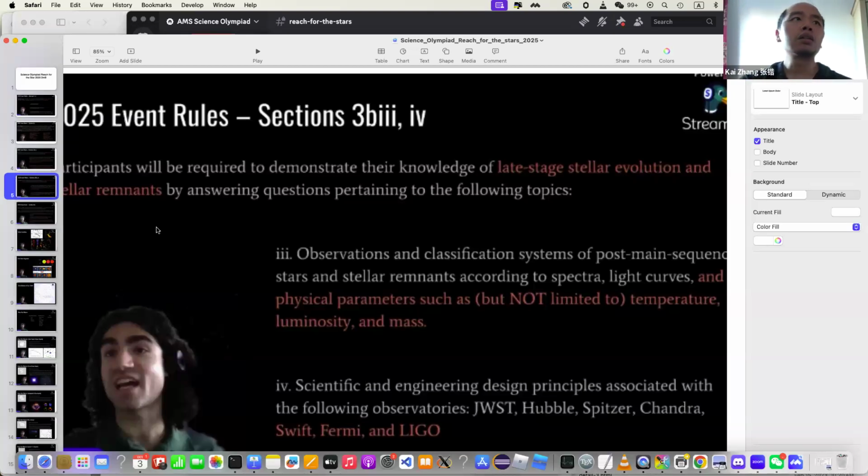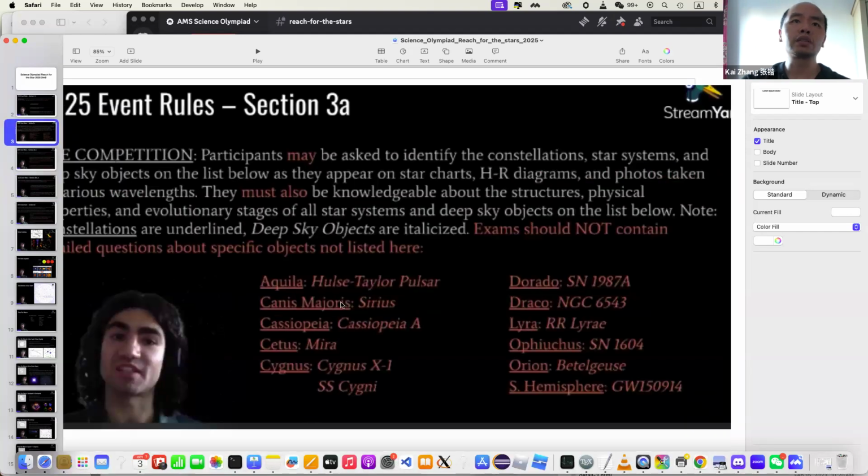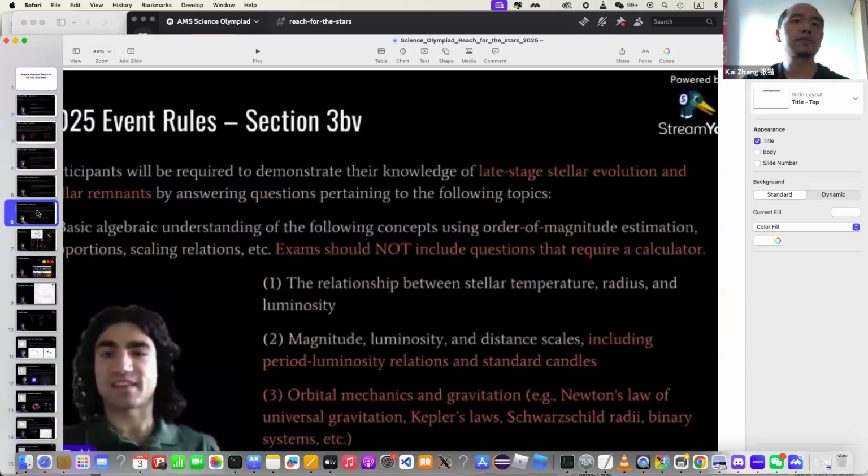Among all the 12 different objects here, some of them show very typical light curves. For example, RR Lyrae is a variable star and a standard candle. And a supernova has a very distinctive light curve, etc.